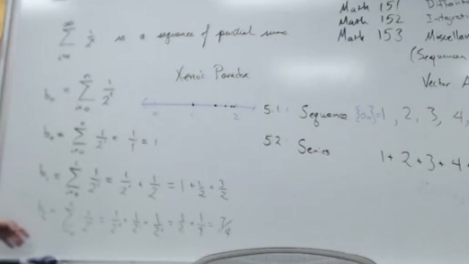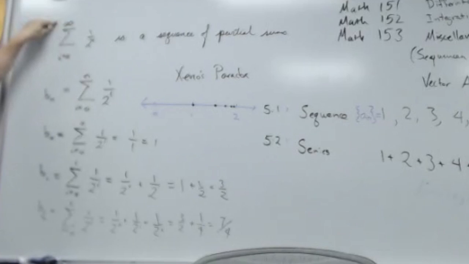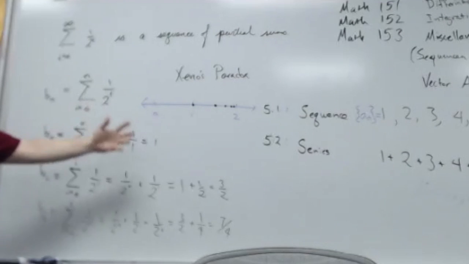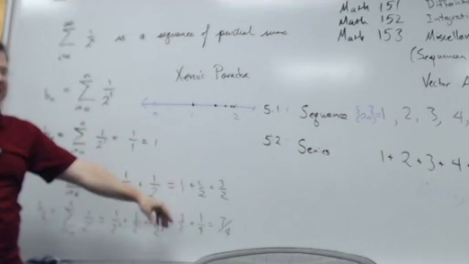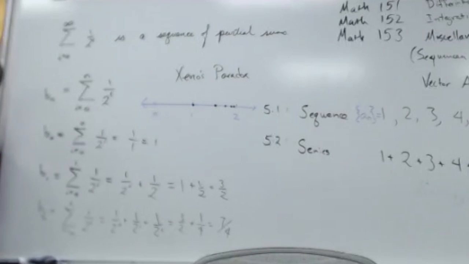And so when I'm evaluating a series, whenever anything isn't clear, we're going to reinterpret it as a sequence of partial sums. And then something in between, like these computations and this number line, you might be able to get some intuition to help guide you through the solution.